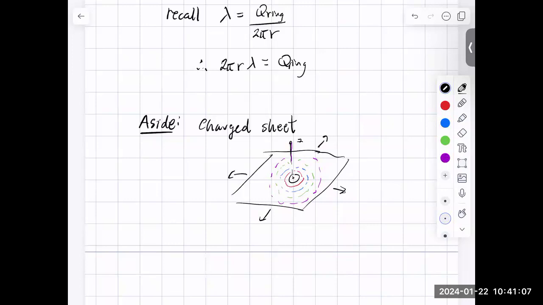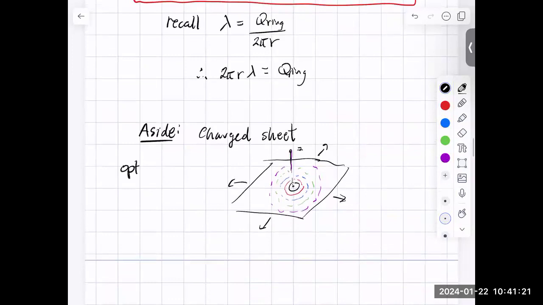However, if you are interested, I put some notes on the course website that show you how that works. And it's very similar to the style of problem that we've been doing for the line and the ring. Okay, so there's some optional, not required, online notes if interested.